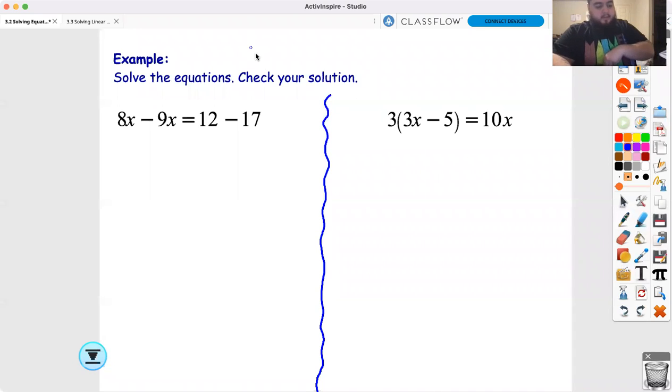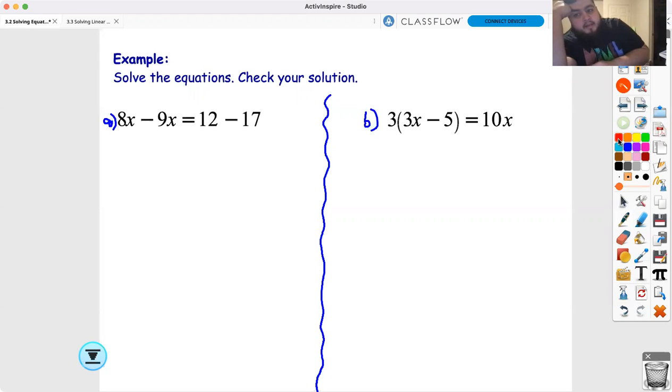All right. Solve the equations. Example: solve the equations, check your solution. And then we have two examples, example A and example B. A is 8x minus 9x equals 12 minus 17.